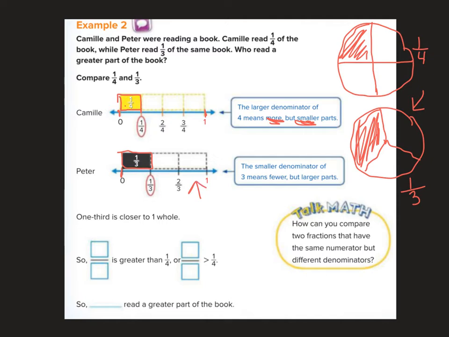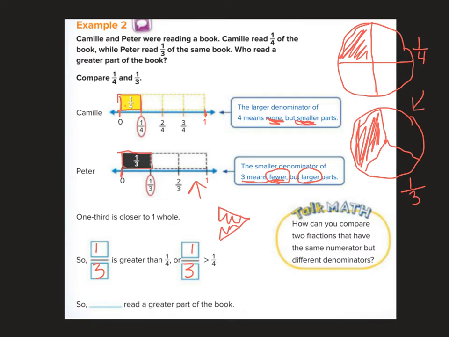So these are bigger, right? The smaller the denominator means fewer but larger pieces. 1/3 is closer to 1 whole, so 1/3 is greater than 1/4. Remember, we write it so that the alligator can eat the bigger pieces.